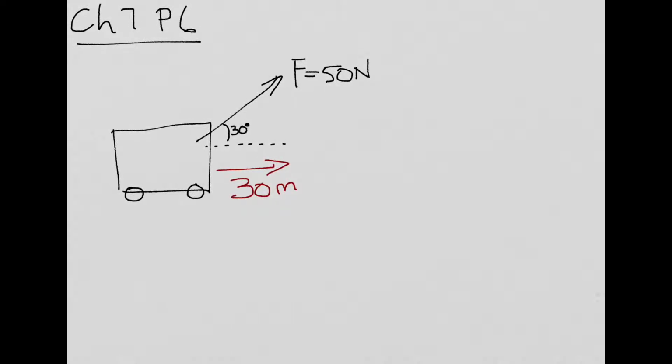30 meters. So the definition of work, if we remember, is equal to the parallel component of force times the distance traveled. Okay, so we need to find the component of force along the direction of travel, and so that would be 50 newtons times the cosine of 30.